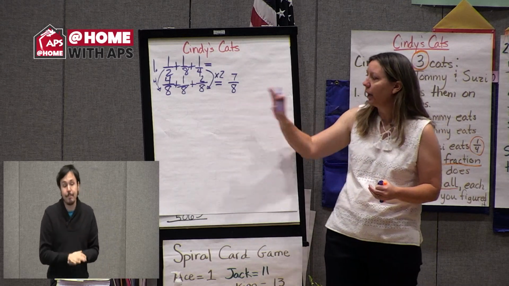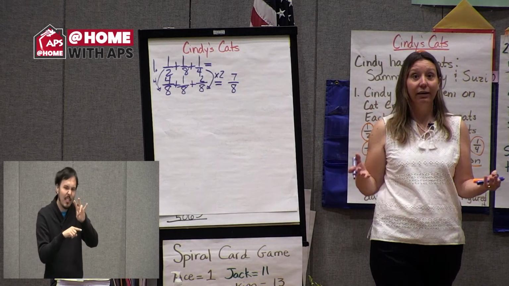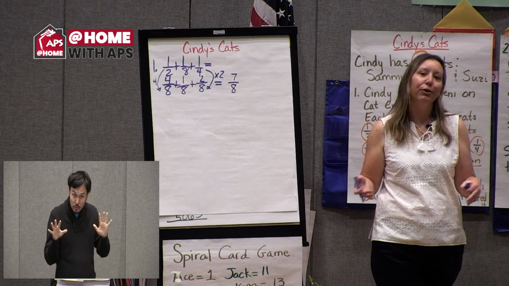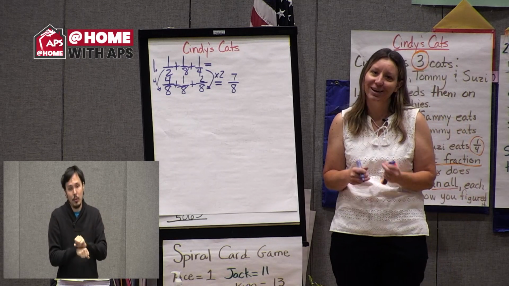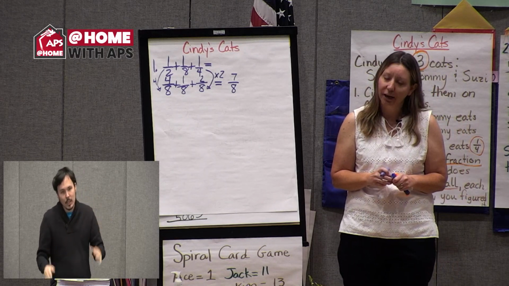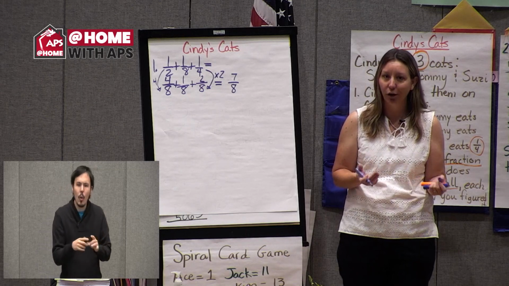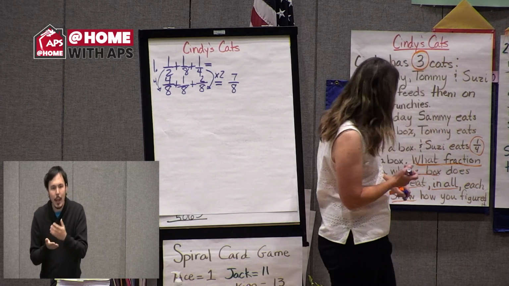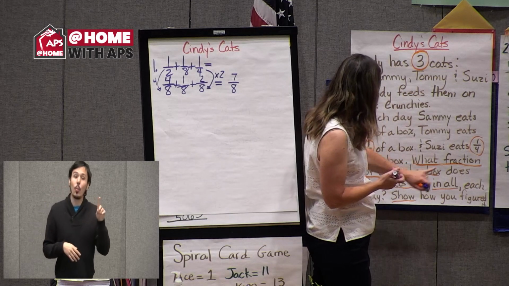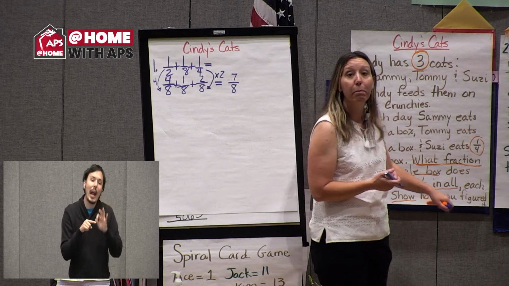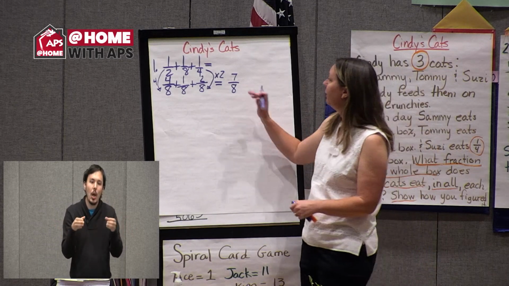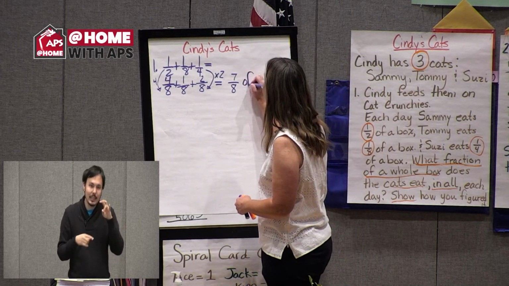So my question, I got 7/8. Am I done? If you have worked with me before, you know we're not done. We have to have the unit. What are we trying to solve for? And the question said, what fraction of a whole box? So we know we have 7/8 of a box.